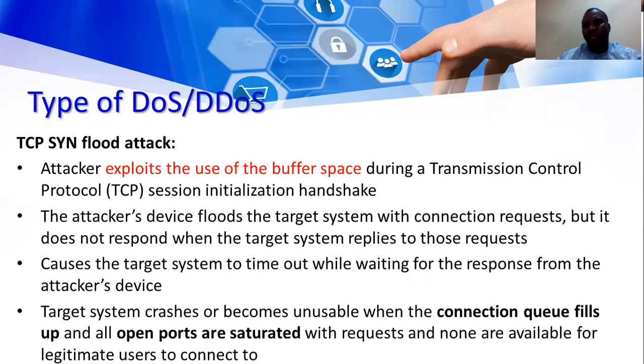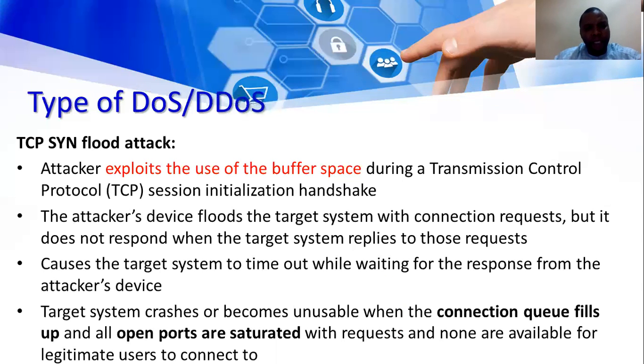When you want to handshake in a network, you send a communication to the intended machine, and once the intended machine is able to reply, you send the acknowledgement to the machine, then a handshake has been established on the network.